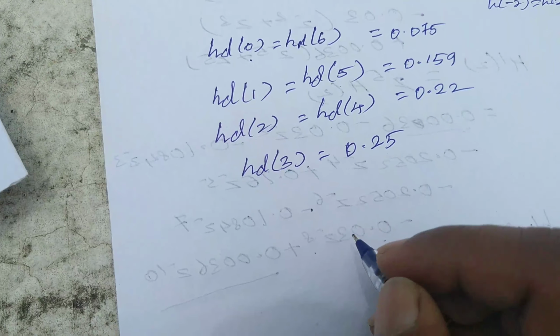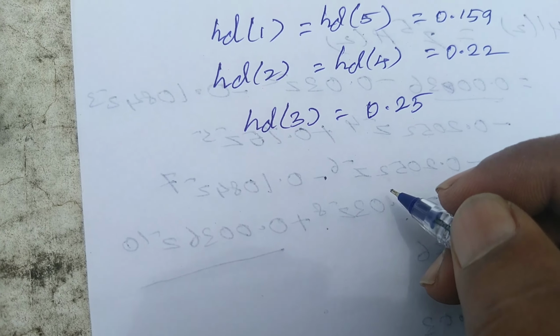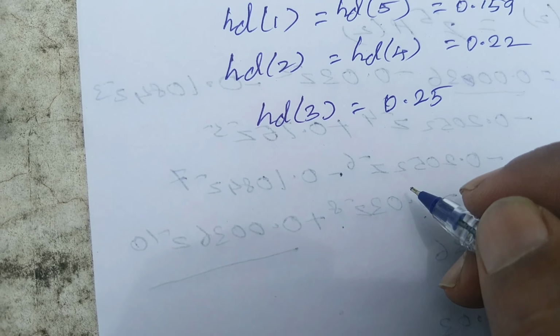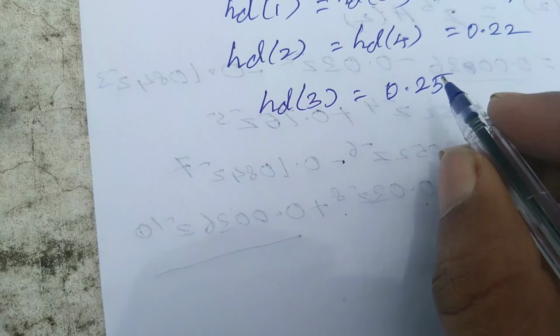Now we can estimate the non-causal window sequence. Non-causal means it consists of wh of minus 1 equal to wh of 1, wh of minus 2 equal to wh of 2.